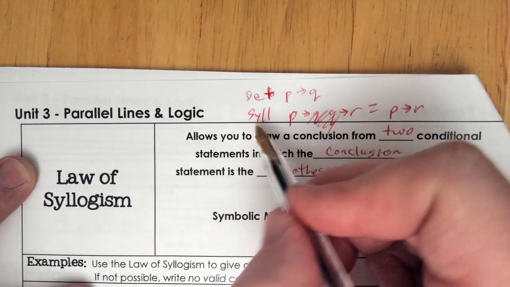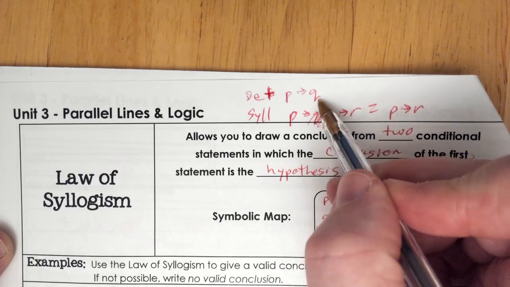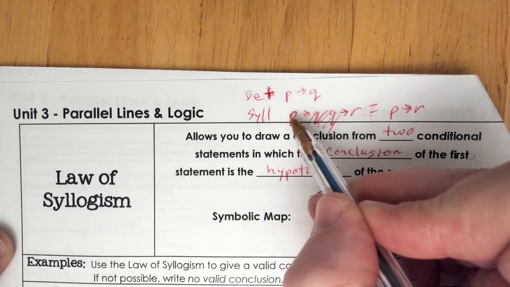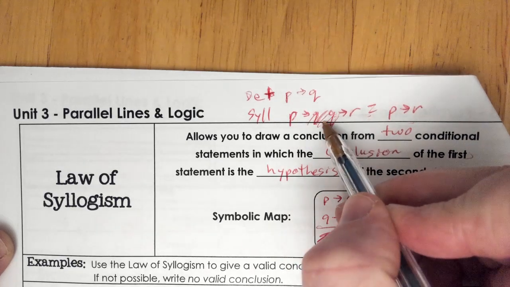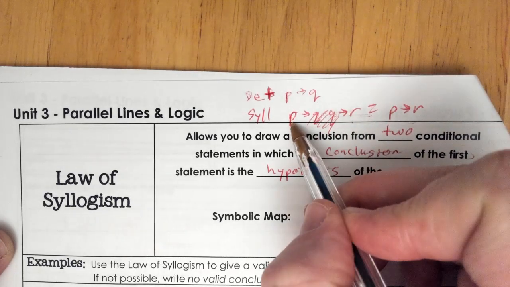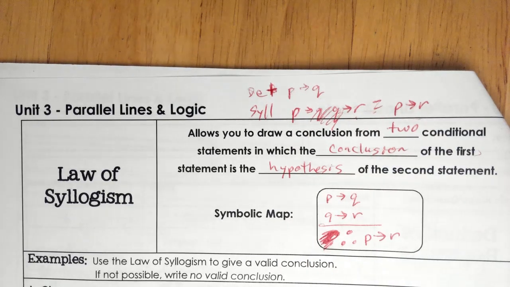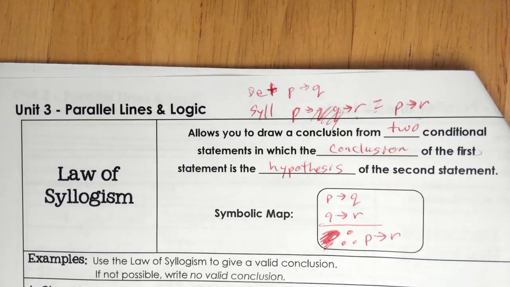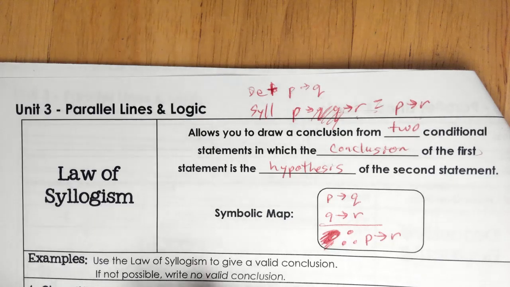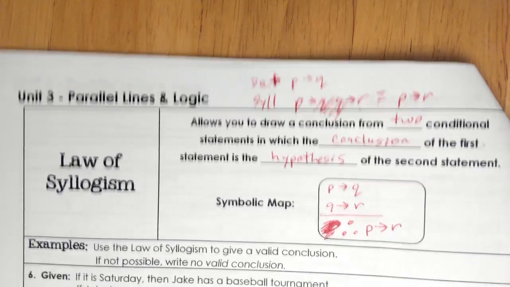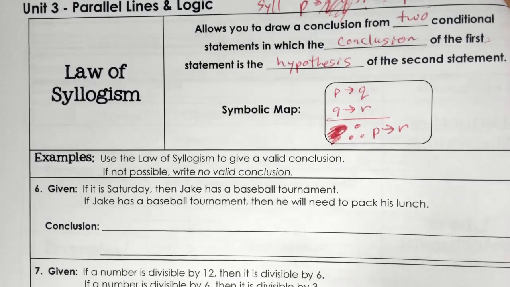So detachment is straightforward. Syllogism is just cutting out the middleman. If 1, then 2, if 2, then 3. So if 1, then 3. You're going straight to the third part. That's the difference between the two of them. Detachment is straightforward. Syllogism has 3 parts, and you're just cutting out the middle one. That's it. All right, so let's go ahead and do an example.